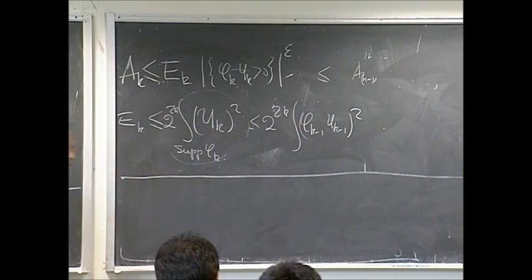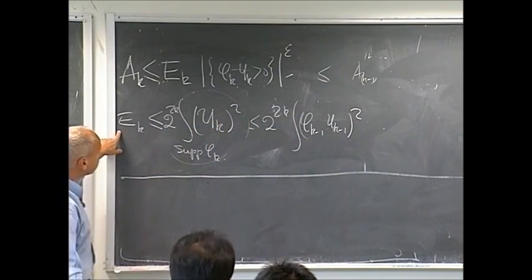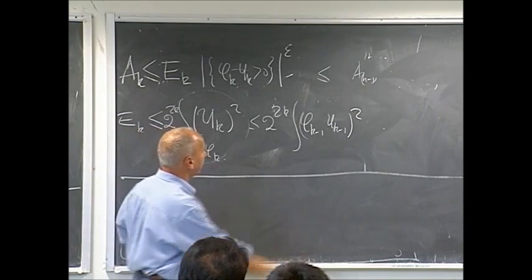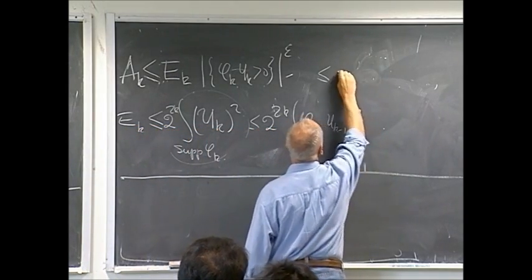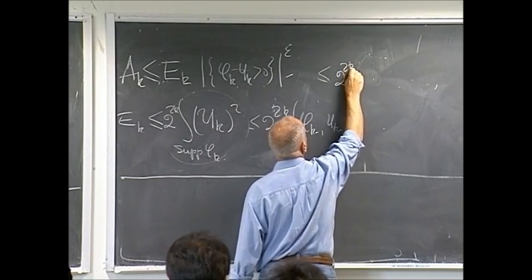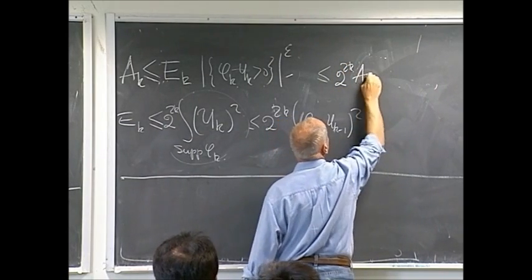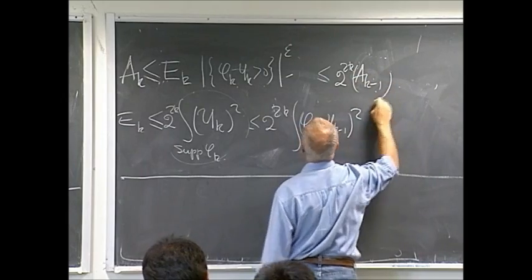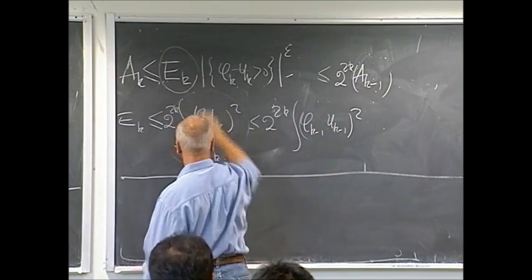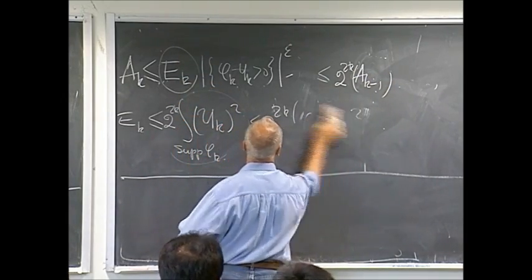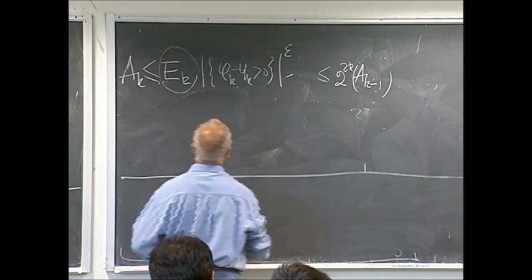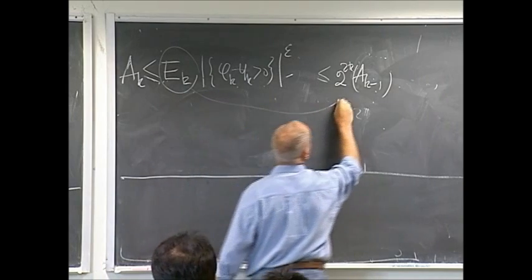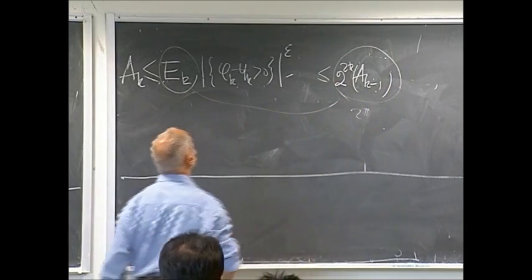Okay? So I can replace this term by 2 to the 2k A_{k-1}. This replaces this term. So let me erase here. And this replaces this term. Okay?